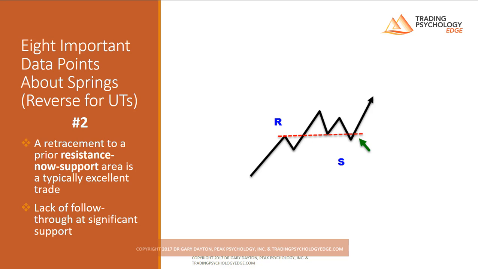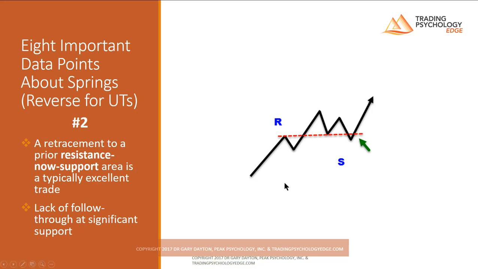We get the lack of follow through in the case of an upthrust at significant resistance. In fact, this is my favorite spring setup. If you only gave me one trade setup and I could choose the one, this would be the one.